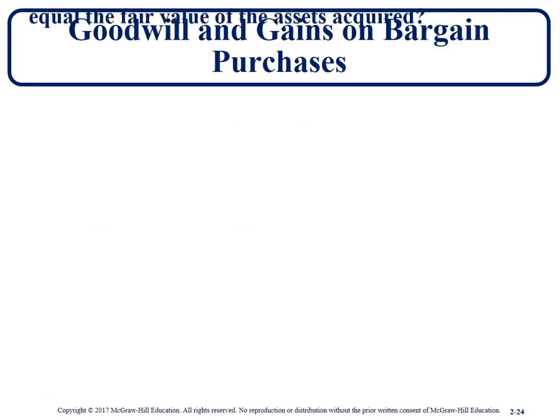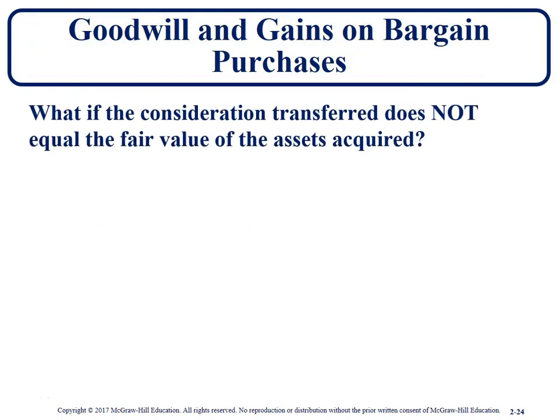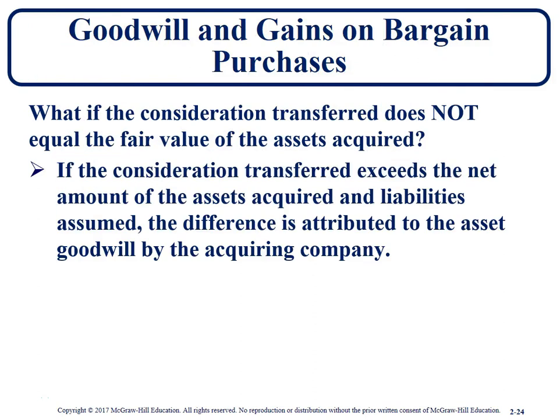Okay, how do you calculate goodwill? Well, if the consideration transferred does not equal the fair value of the assets acquired, you could either have goodwill or a bargain purchase. If you're paying more than the net assets and liabilities assumed, there must be some sort of goodwill. Because you're paying more, you think that the company's worth more than the tangible assets.